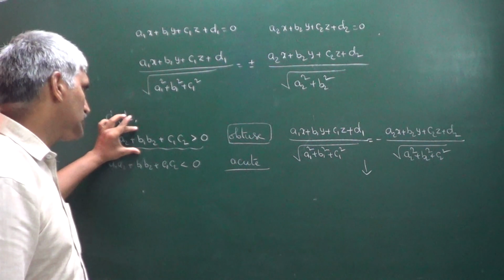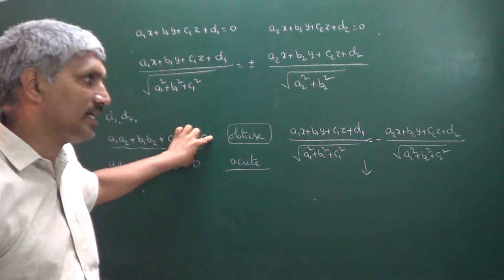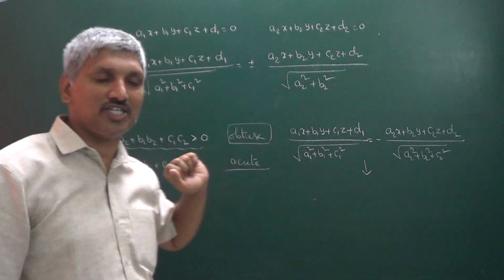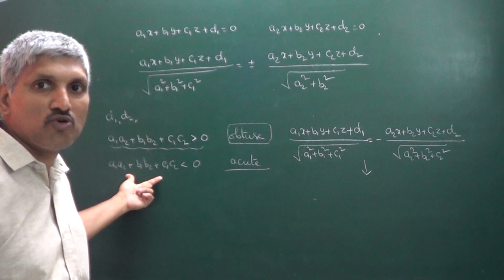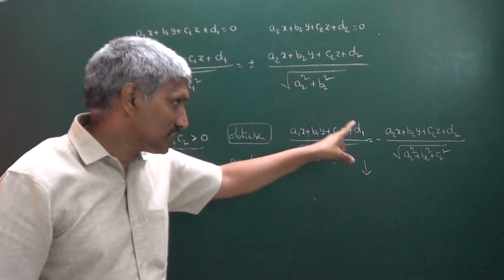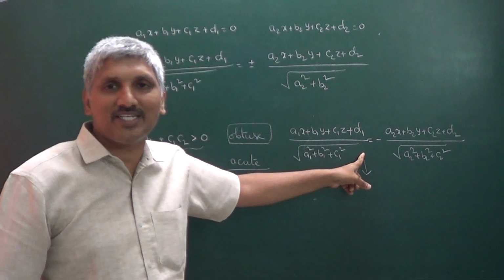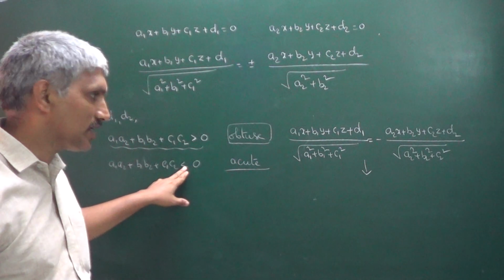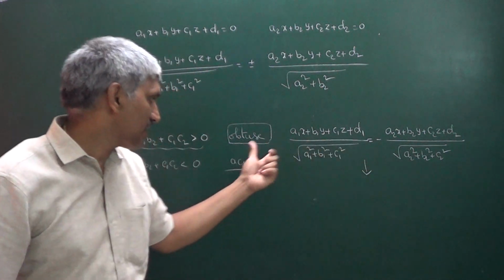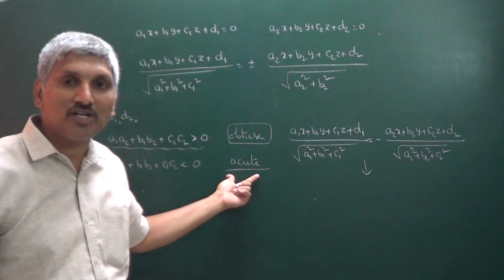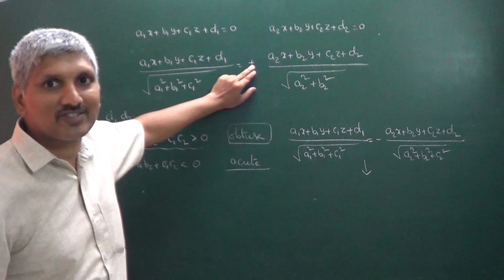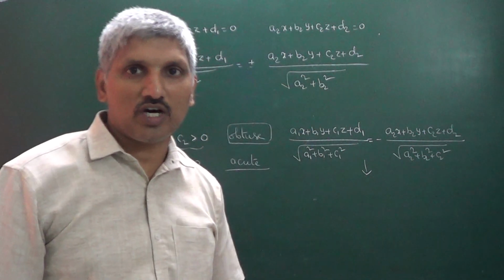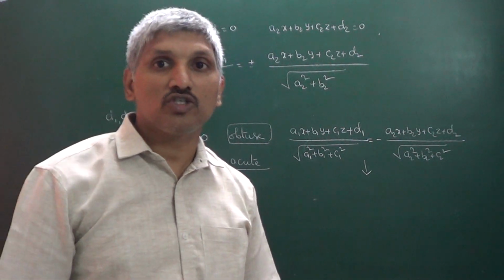So greater than 0 means this represents the obtuse angle bisector containing the origin; less than 0 means this represents the acute angle bisector containing the origin, and automatically the plus sign represents the obtuse angle bisector. Okay, so that is about the angle bisector between two planes.